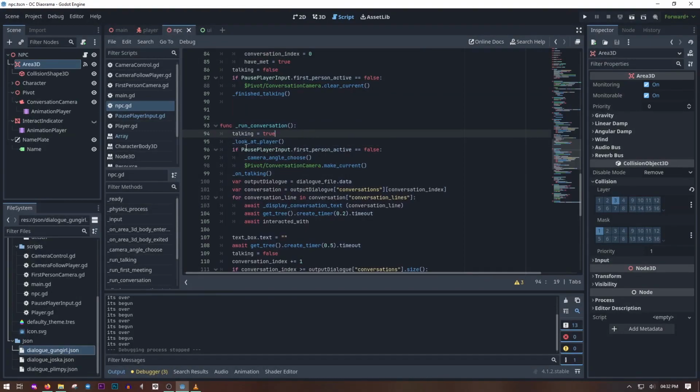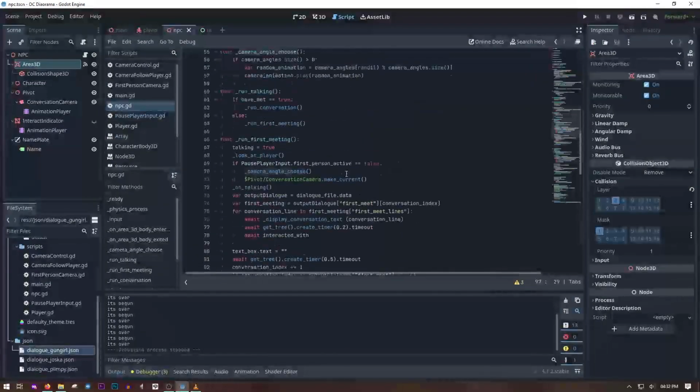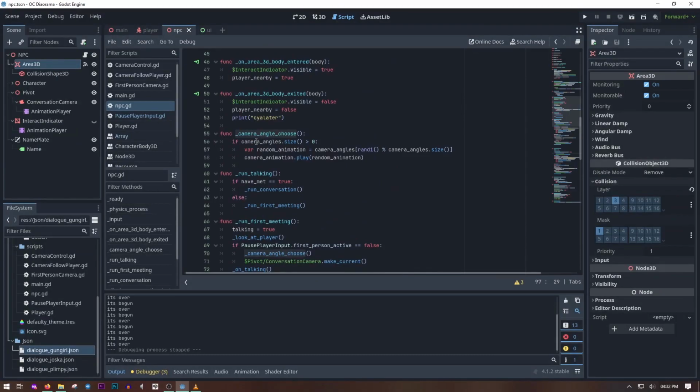So look at the player. If pause player input first person active is false, camera angle choose. So this is so that if the first person camera is online, we don't switch the camera to a dialogue camera. We just allow them to hear the talking in first person, which is pretty cool. A camera angle choose is that, yeah.